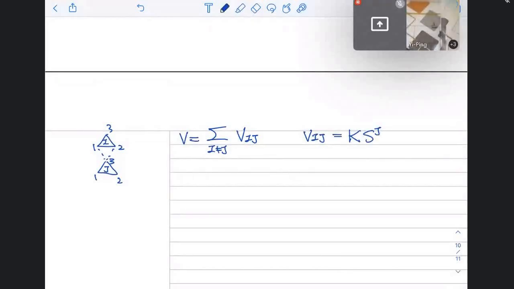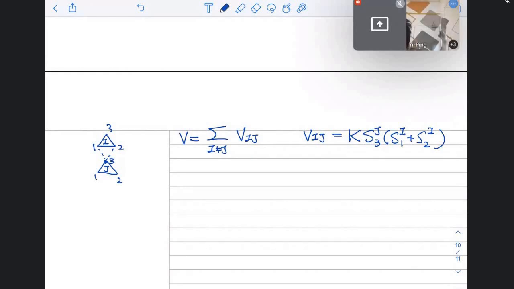the third spin of j, which is sitting right here, times the first spin of i plus the second spin of i.